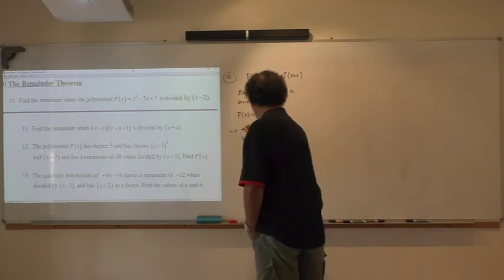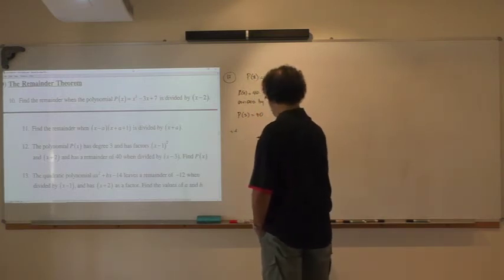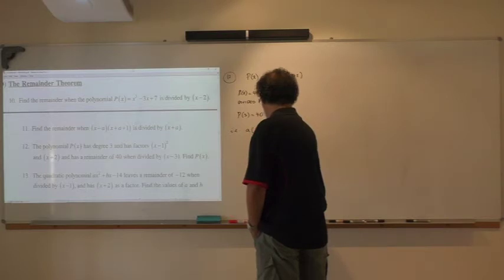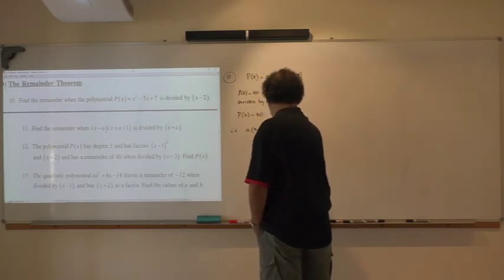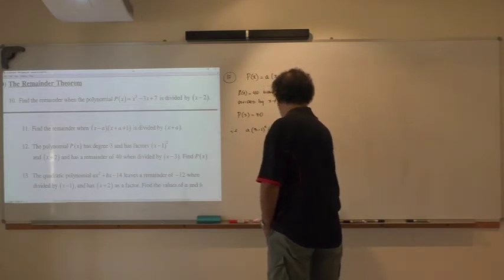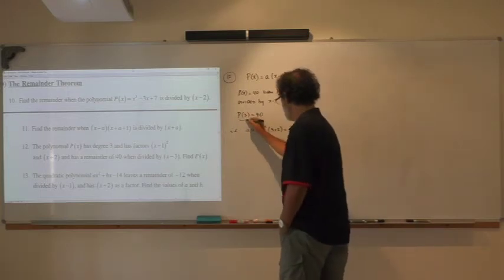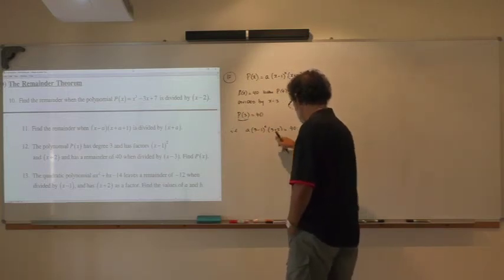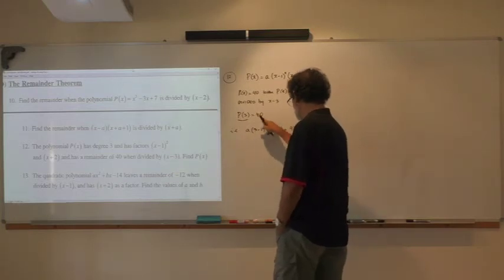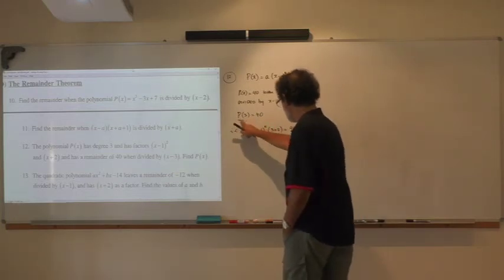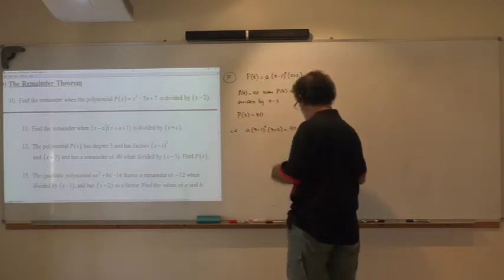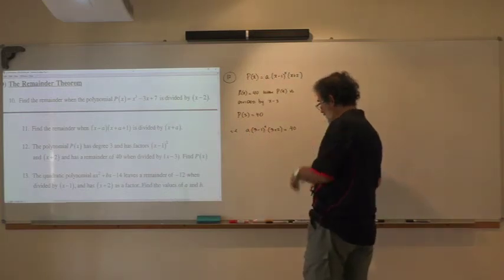So we're going to say a times (3 minus 1) squared multiplied by (3 plus 2) is equal to 40. All we're doing is equating this to 40 and then finding the answer for a.